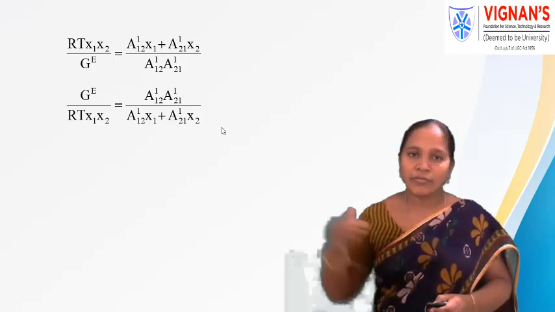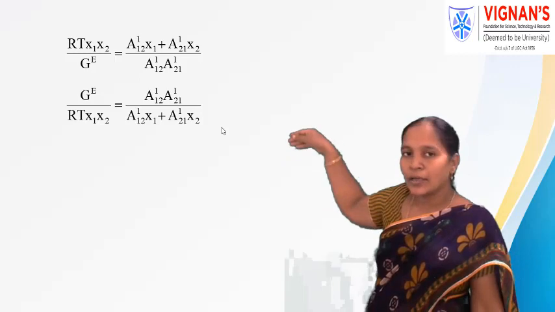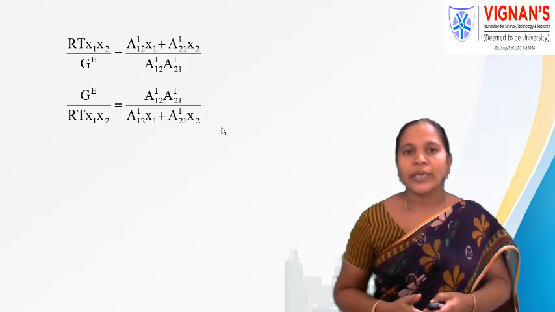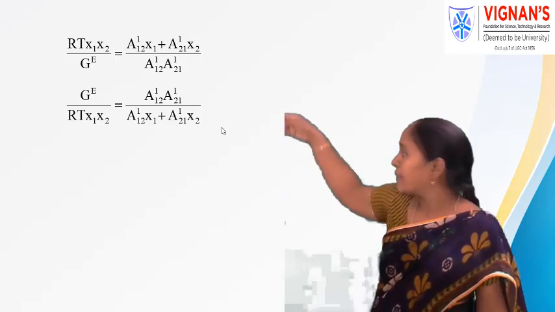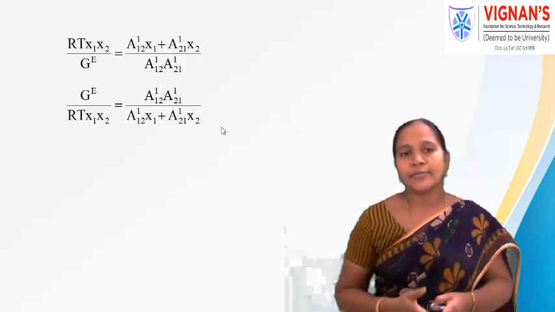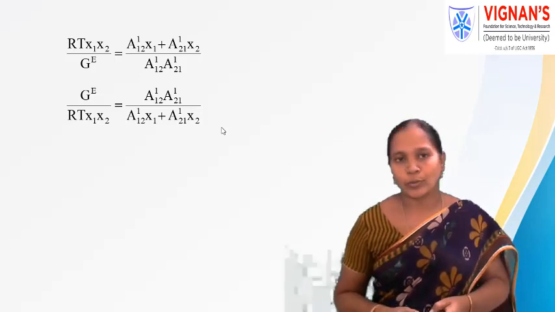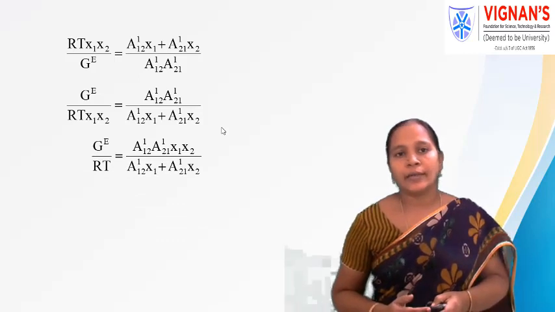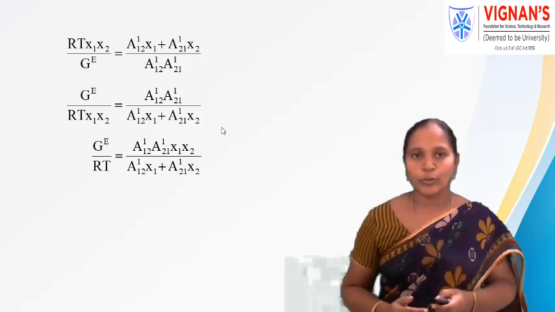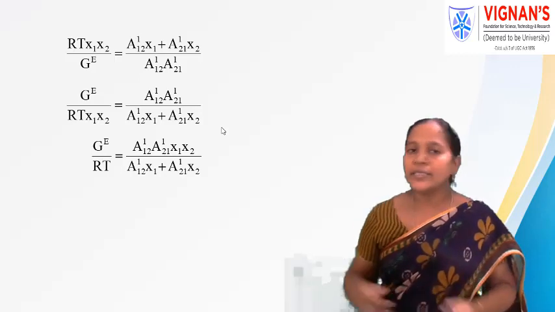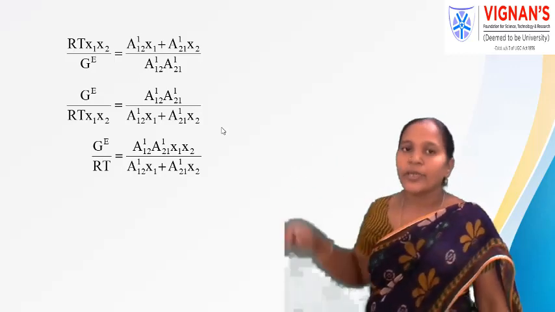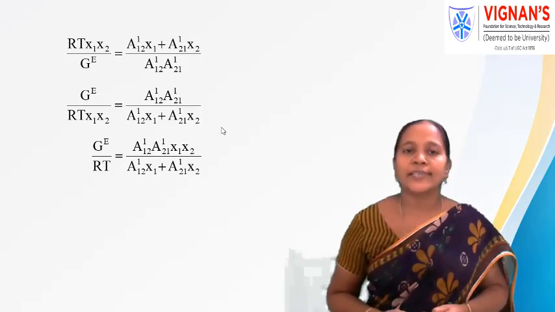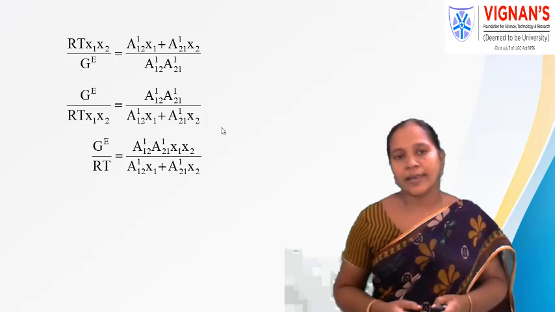Therefore, G by RT x1 x2 is equal to A12 dash A21 dash divided by (A12 dash x1 plus A21 dash x2). Taking x1 x2 from the right hand side to the left hand side, G by RT is equal to A12 dash A21 dash x1 x2 divided by (A12 dash x1 plus A21 dash x2).